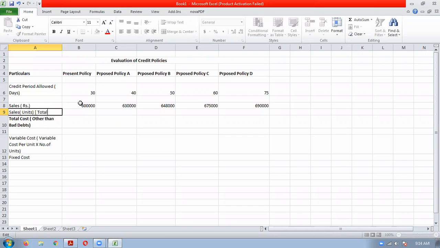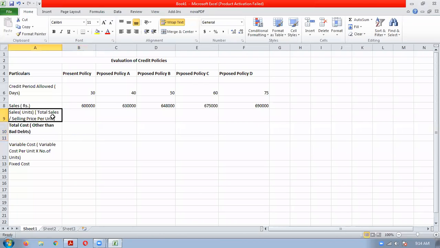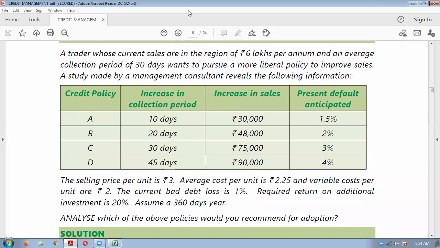Total sales divided by selling price per unit, and selling price per unit is 3 rupees per unit.